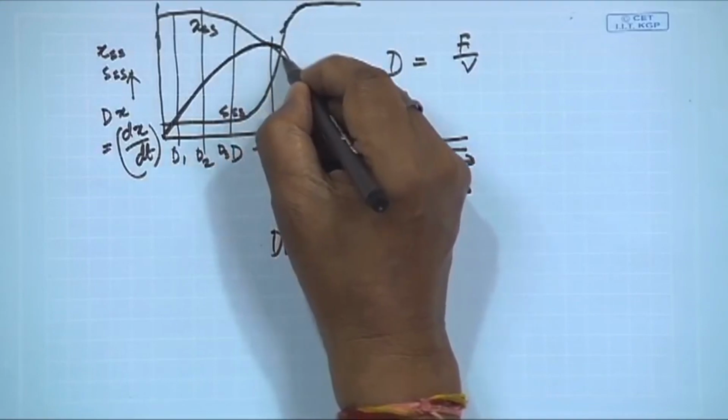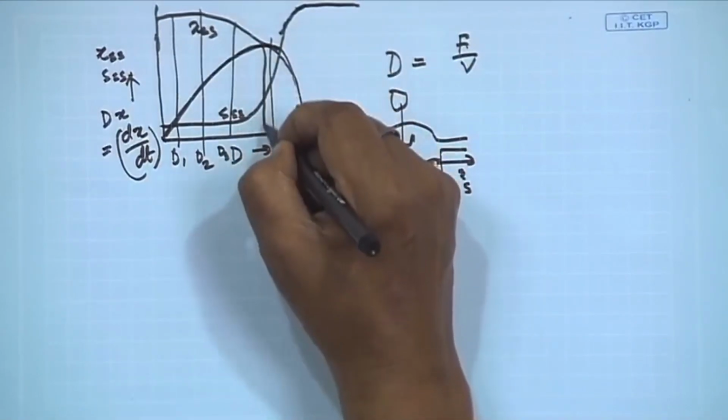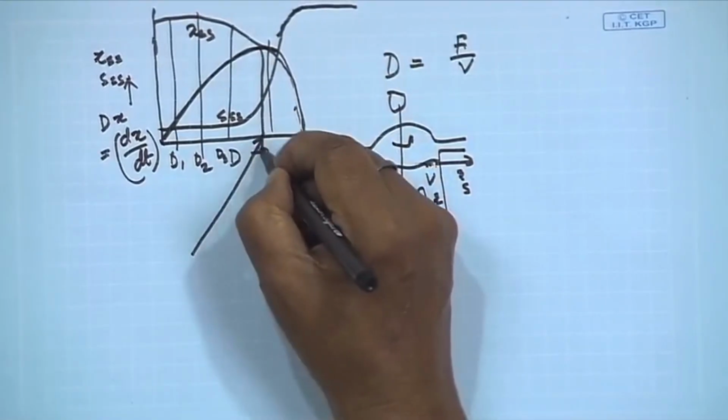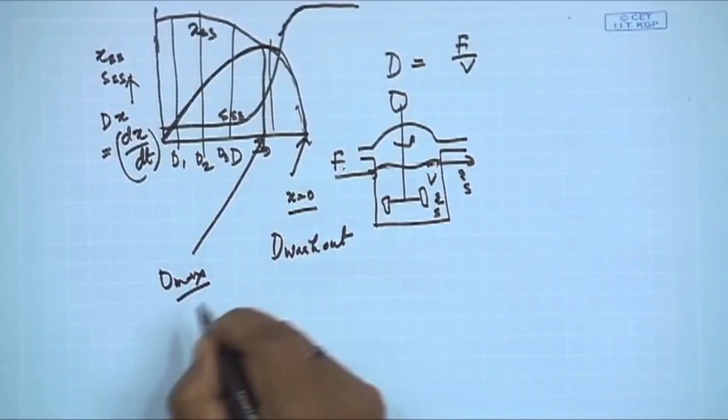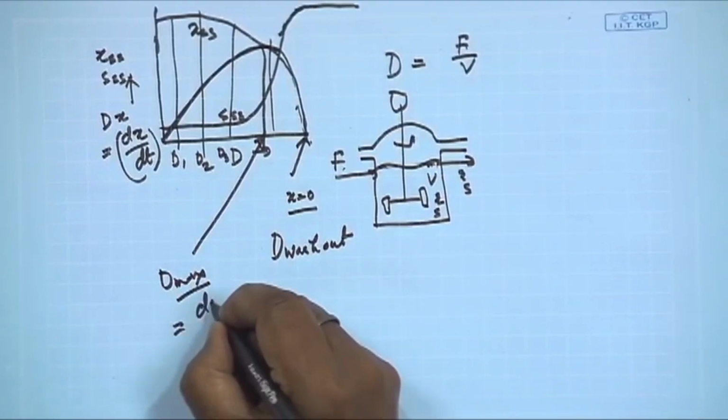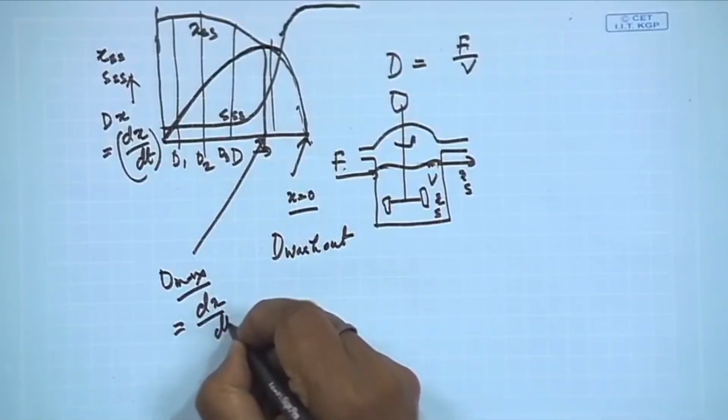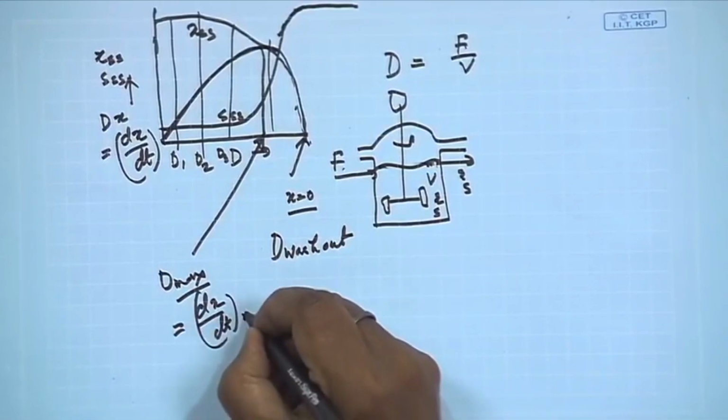And here this is dX/dt with respect to time; it increases and then it decreases. Now here we have a point, and this point we consider as Dmax. What is Dmax? Dmax is the dilution rate when dX/dt is maximum.